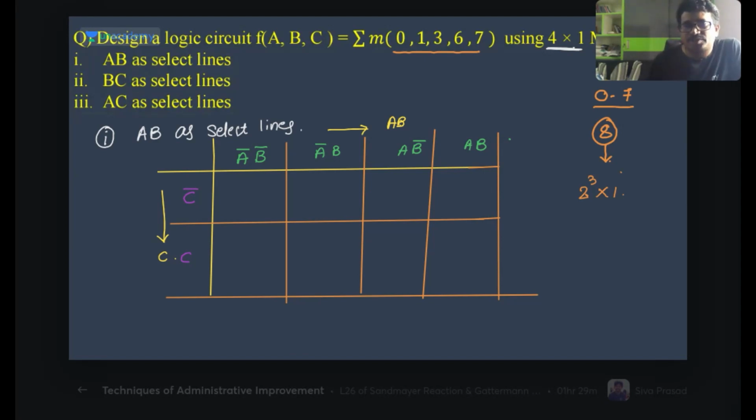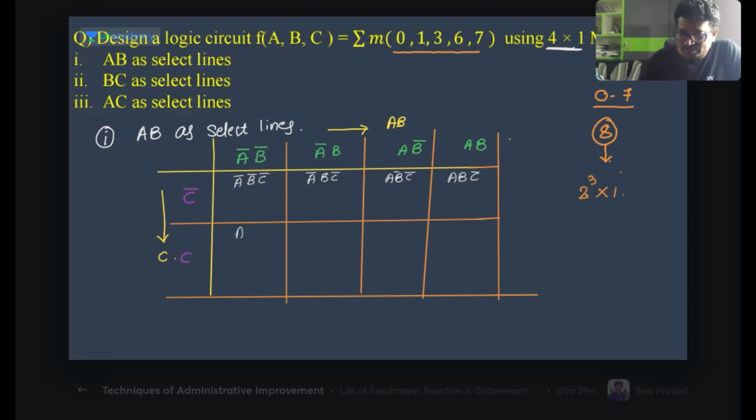Now tell me this combination here. Here we have A bar, B bar, C bar, and this is A bar, B, C bar, and this is A, B bar, C bar, and A, B, C bar.